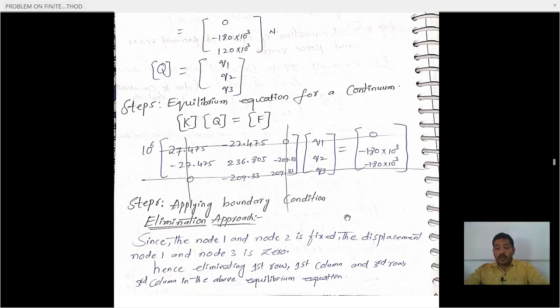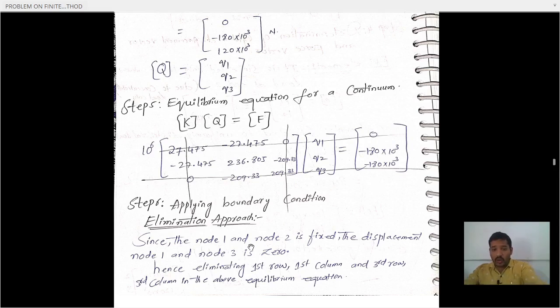Okay dear, so in this case what happened? The node 1 and node 3 are fixed here. Clear? So the displacement at node 1 and node 3 becomes 0. Here node 1 and node 3, please represent node 3. So for that reason, this first row and this first column are eliminated, as well as the third row and the third column.